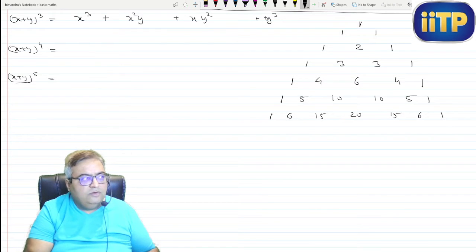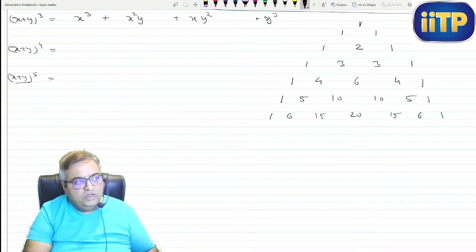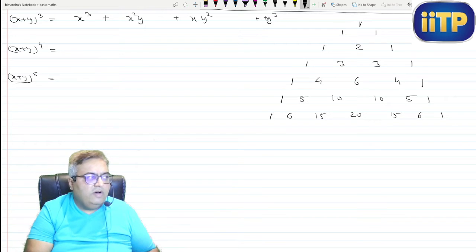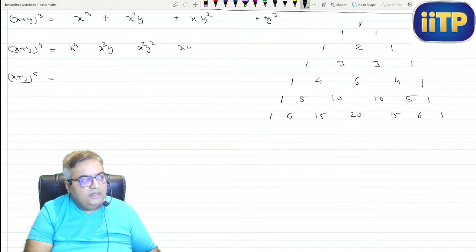Okay, we have written the terms. We have reduced the power of x from 3 to 0 and increased the power of y from 0 to 3. Similarly, you can do over here x to the power 4, x to the power 3 y, x to the power 2 y square, then x y cube, then y to the power 4.